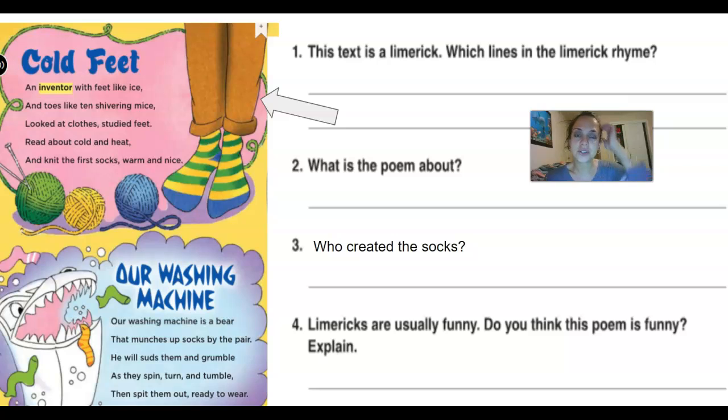Our questions are going to ask us about a limerick poem today. So we want to identify those features of a limerick poem. And as readers and writers, we know that when we answer questions, we always restate an answer to form complete sentences. So we really have 2 purposes. 1, identify features of a limerick poem. 2, restate and answer our questions.